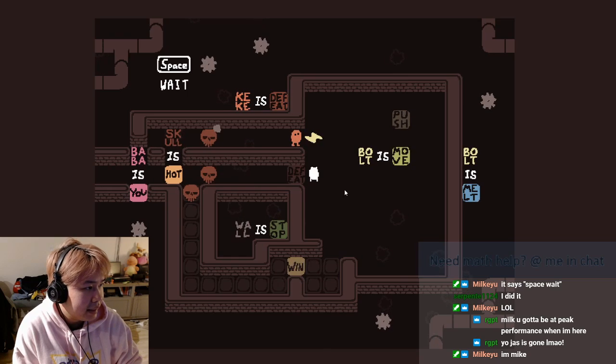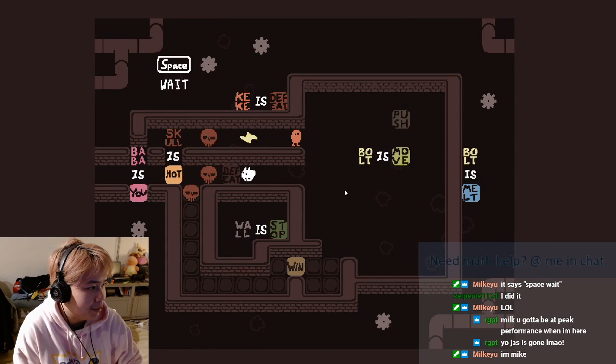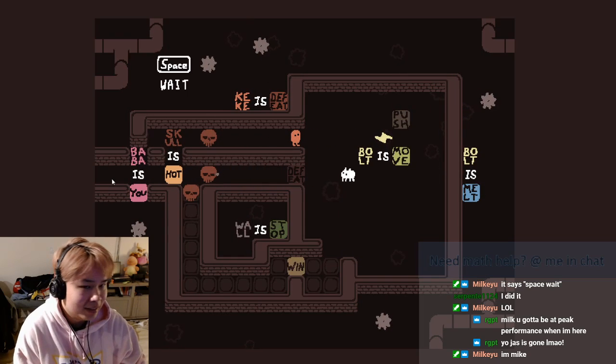What happens if I time it so that we both go at the exact same time? Actually, but then the bolt will die. So I need this to... I want to break this sentence so that by the time the bolt reaches it, it can go through it.